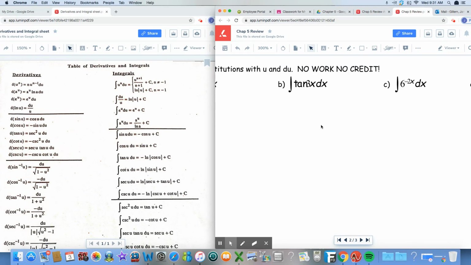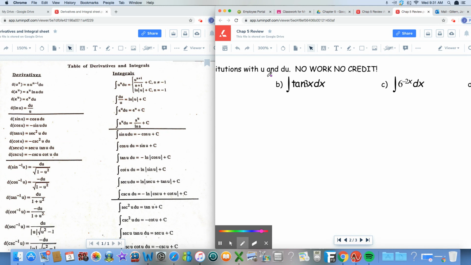All right. So let's do B. Classic trig problem. One trig function, you make u whatever comes directly after it, which is 3x. The derivative of 3x is 3 dx. We need to have all of du, so we need to add a 3. So there's my du. I get 1/3 on the outside.